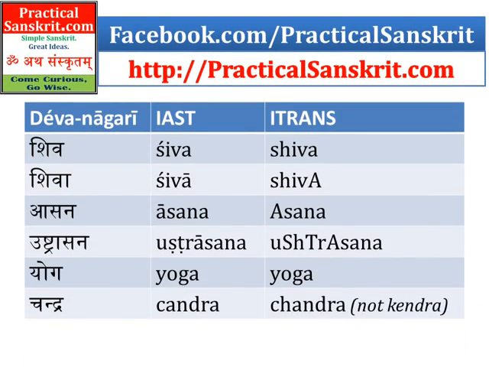So let's first look at the three ways of writing. The left column is Devanagari, the script in which Sanskrit is written. The second one is IAST, the international standard. And the third one is iTrans, which is kind of the standard on the internet. Shiva, Asana, Ushtrasana, Yoga, Chandra.